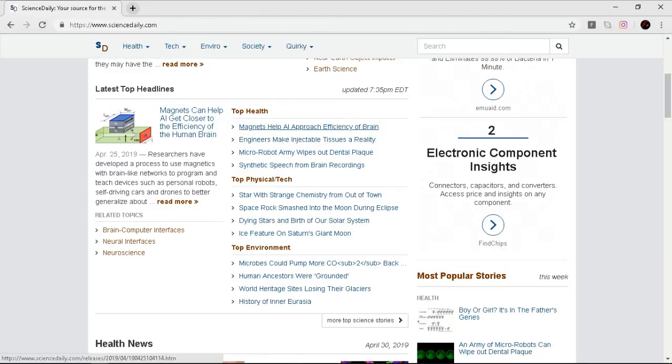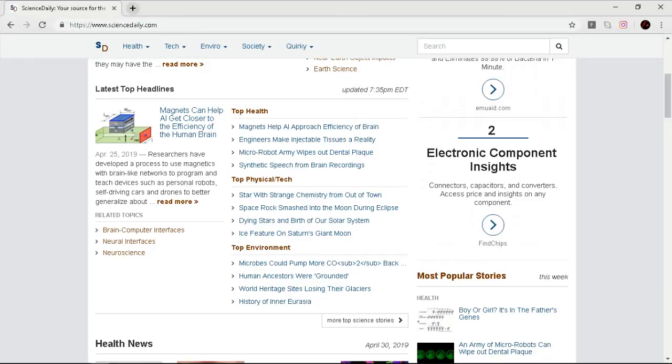Researchers have developed a process to use magnetics with brain-like networks to program and teach devices such as personal robots, self-driving cars, and drones to better generalize about stuff. Well, that's some scary stuff. The artificial intelligence could be a good thing, could be pretty much a nuclear bomb.